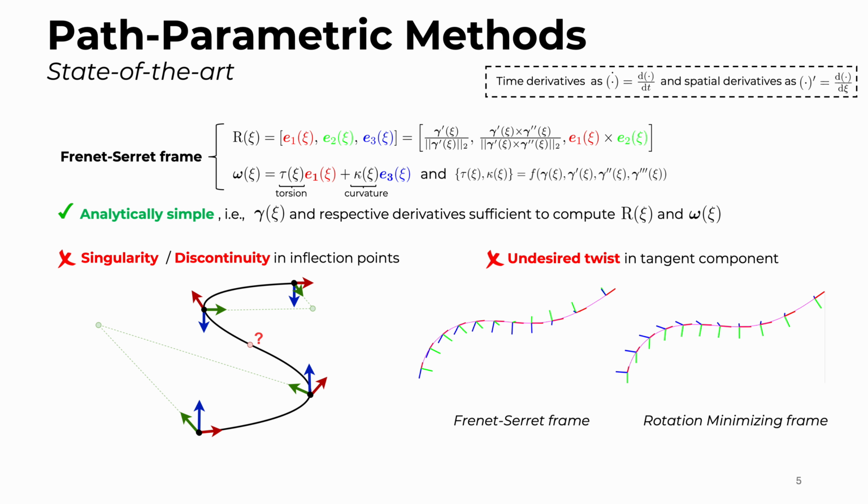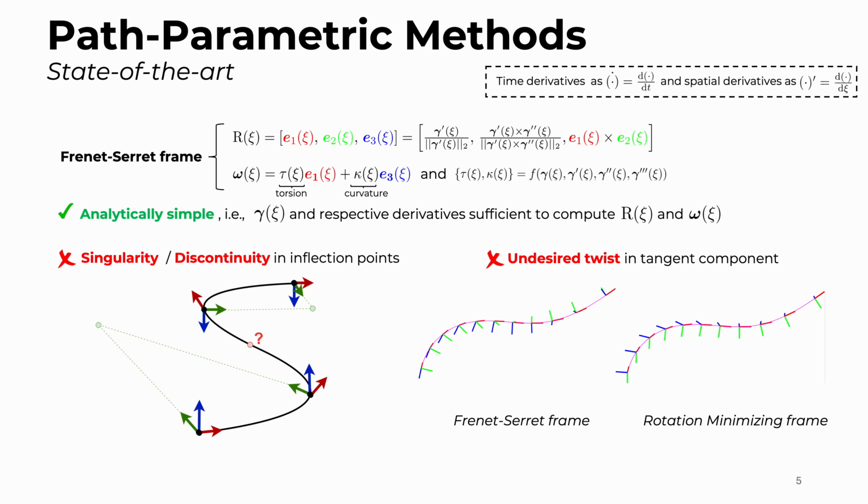Secondly, the Fresnel frame is also characterized by an undesired twist with respect to the first component, and this might introduce additional nonlinearities in the numerical routines, which might result in numerical issues.